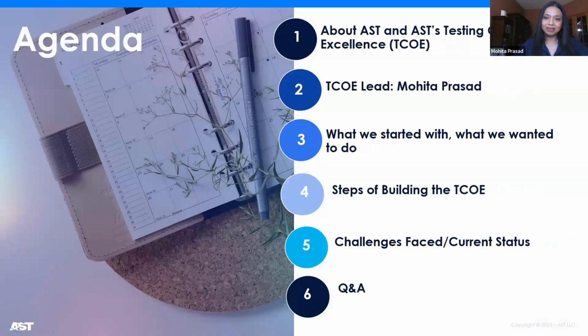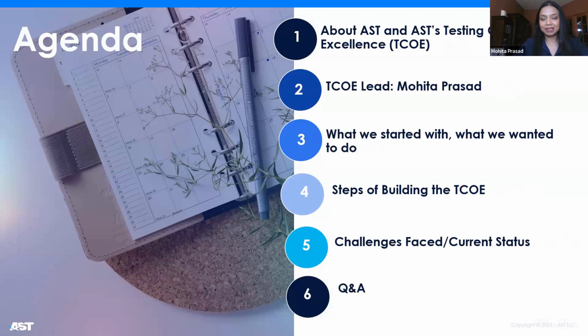We will start with a little bit about the organization, the company that I work for, and then we will go to AST's Testing Center of Excellence. The company that I work for is called AST Corporation, and we've set up a Testing Center of Excellence in this company.